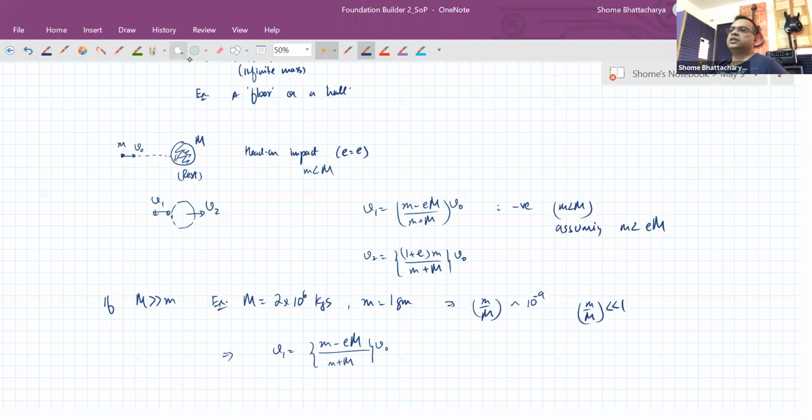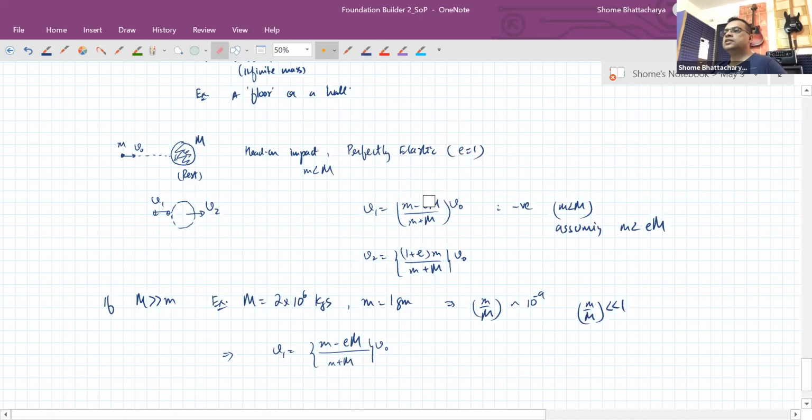Or let's take the case first of perfectly elastic collision, just to make life easier for a moment. Then we'll come back to the inelastic case also.